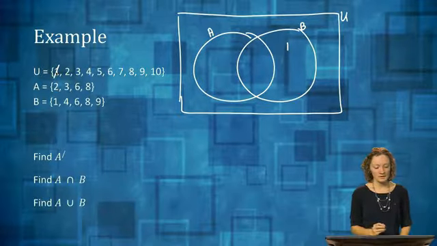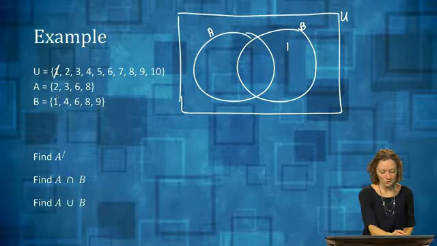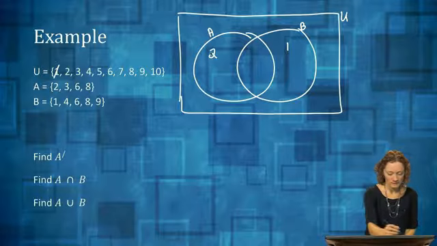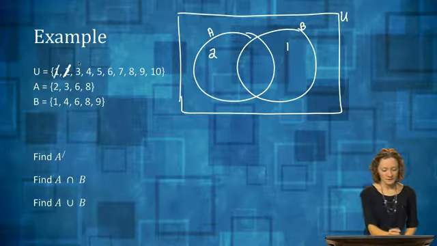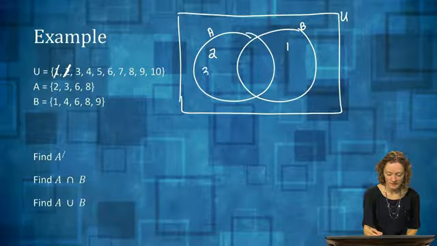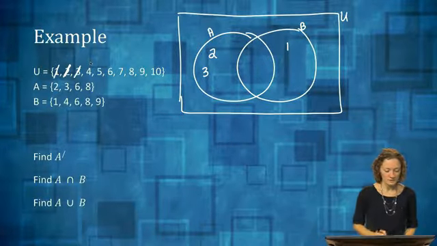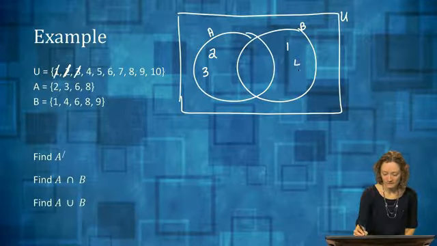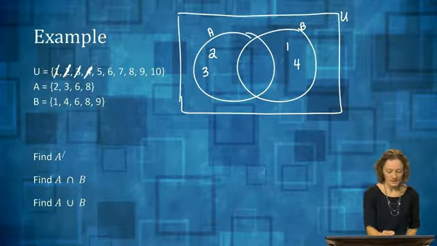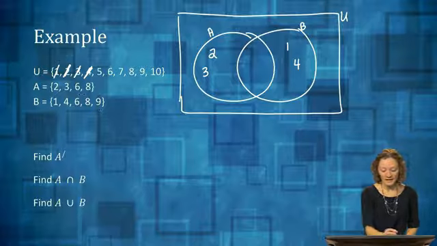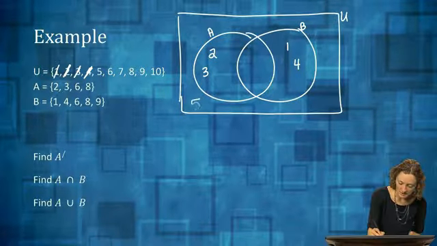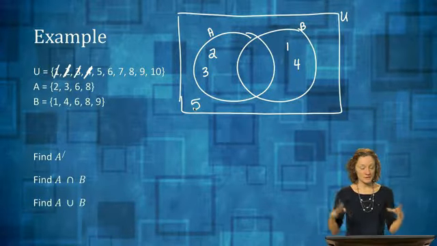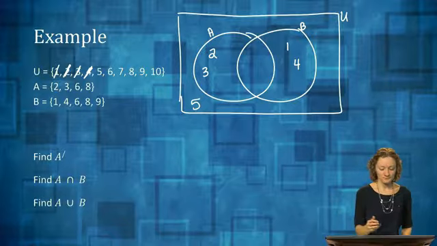Done. The element 2 looks like it's only in set A. The element 3, we look through our list, looks like it's only in set A again. Fill that in there. The element 4 is only in B. The element 5 is not in A and not in B, so 5 must be outside of the sets. It's still in the universe. It has to be in the picture.